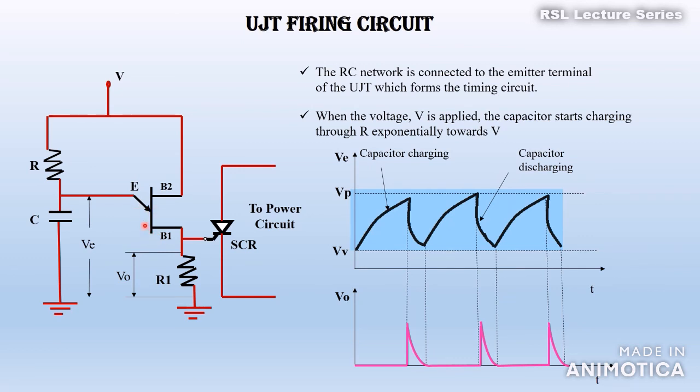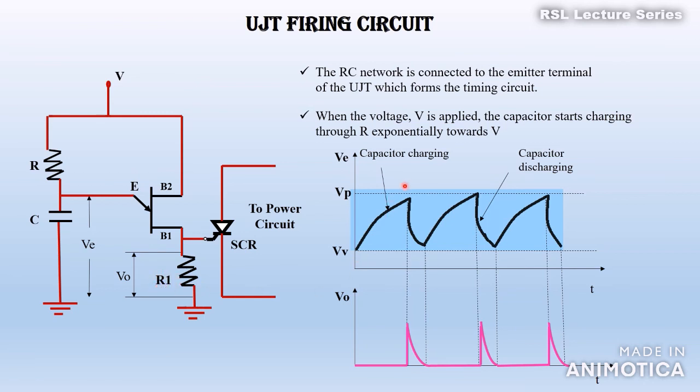Once the UJT starts conducting, the voltage V0 will appear across the gate and cathode terminals of the SCR, and the SCR will get triggered. Once the capacitor reaches its peak value, it will start discharging through the resistance R1.